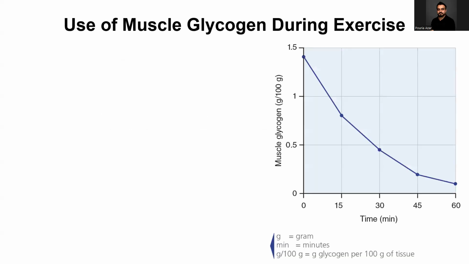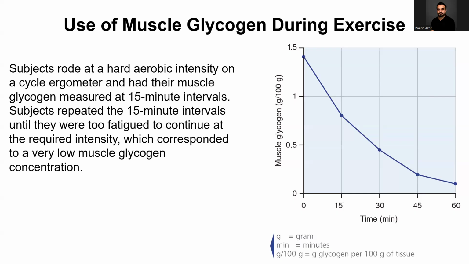So we have use of muscle glycogen during exercise. As I said, liver uses glycogen. It breaks down glycogen and releases glucose to the bloodstream when we are fasting, when we are starving, when we are exercising, and in our post-meal state.